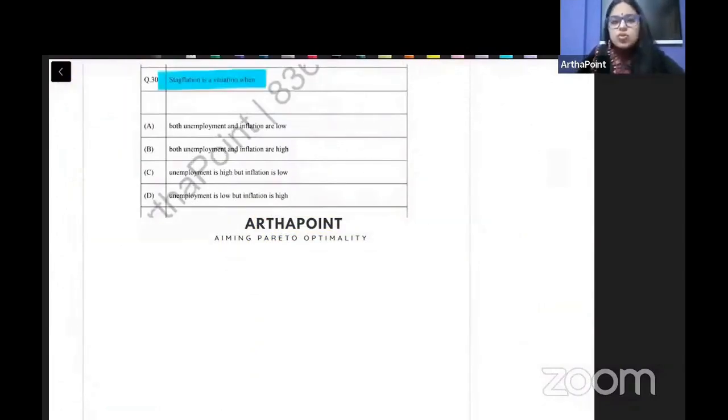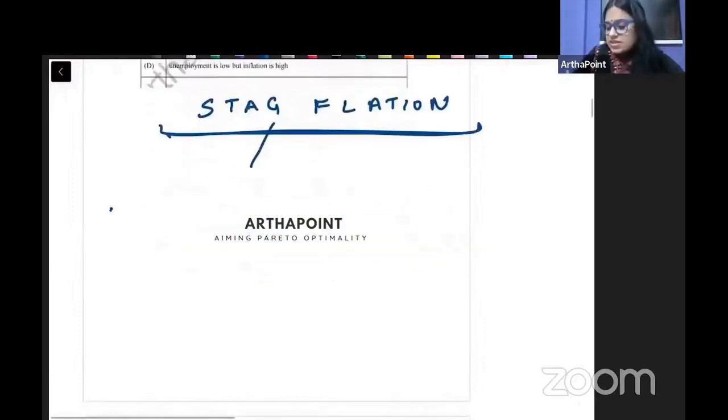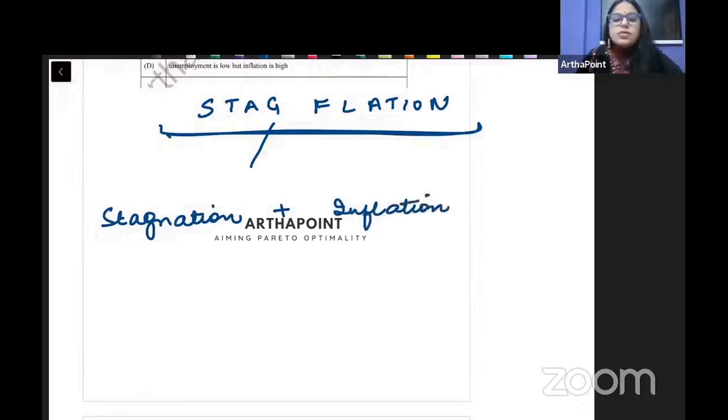Stagflation is a situation when. So what is stagflation? Beta, stagflation can be written in two parts. कैसे divide कर सकते हैं इसे हम? Stagnation plus inflation. Right beta?